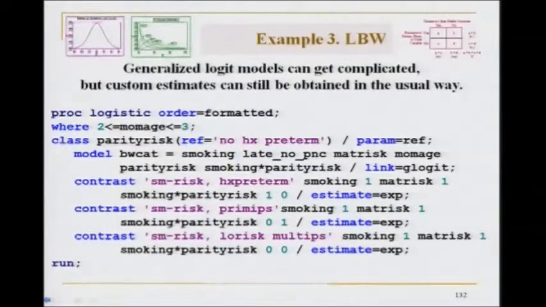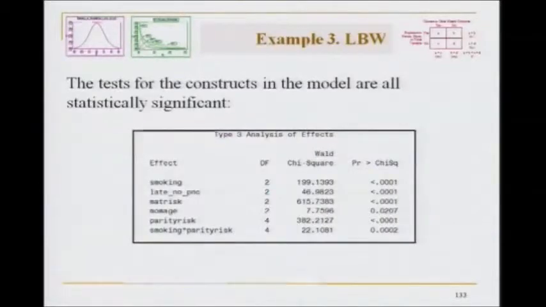This one is smoking and risk just amongst primips, and then smoking and risk amongst low-risk multips. And again, thinking through what's in the numerator and what's in the denominator to get these. Let's see what I came up with here.